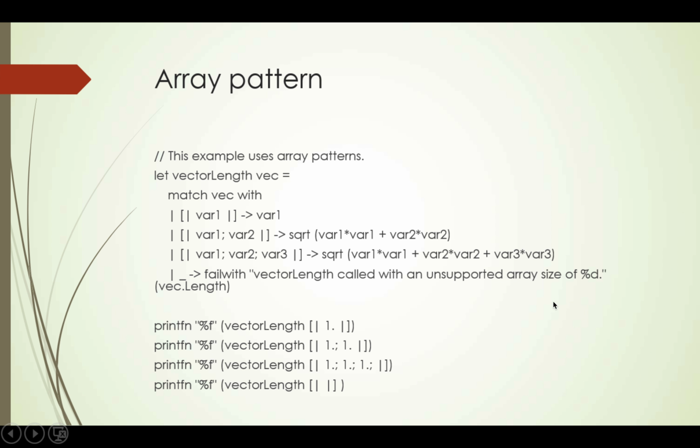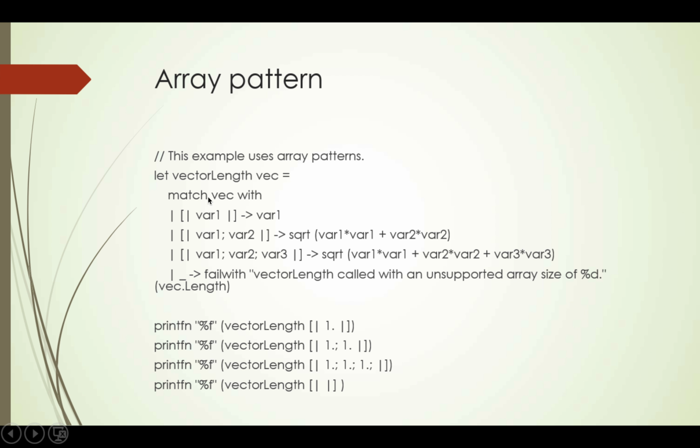Alright, now we have an array pattern. So this is going to print out our vector length. Kind of like how we did before, but with arrays instead of lists. So our vector length here, our vector, for our first one, is this.